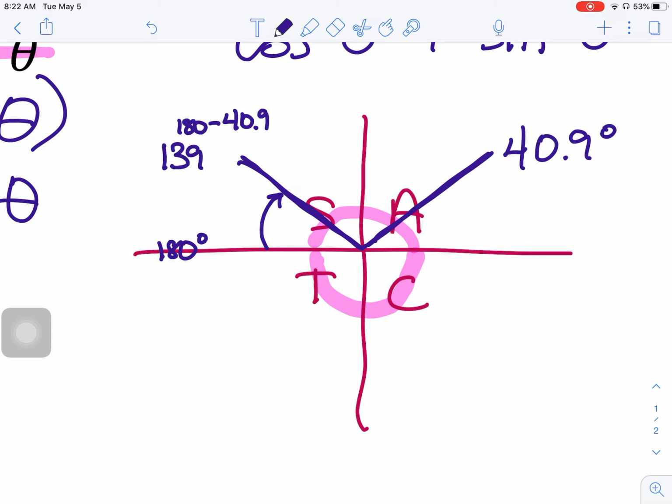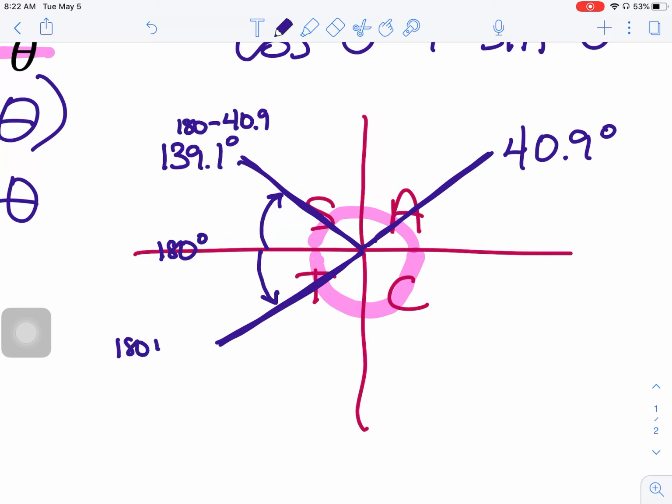Yeah, 139.1 degrees. Let me make sure I double check that. Yes, okay. I need an angle in quadrant 3 that is the reference angle, so 40.9 degrees off the x-axis.